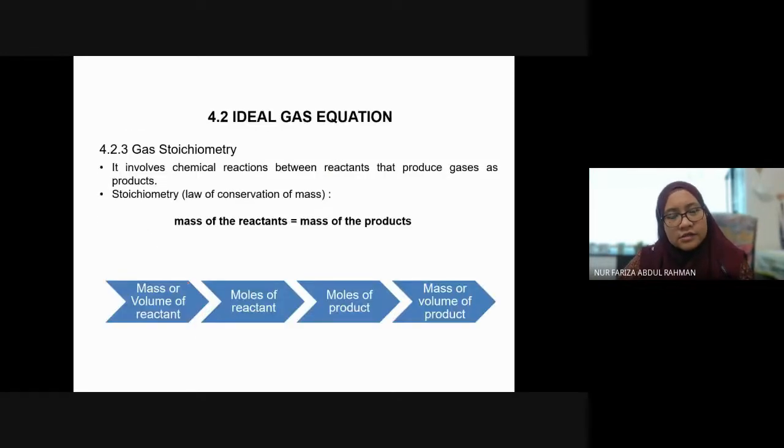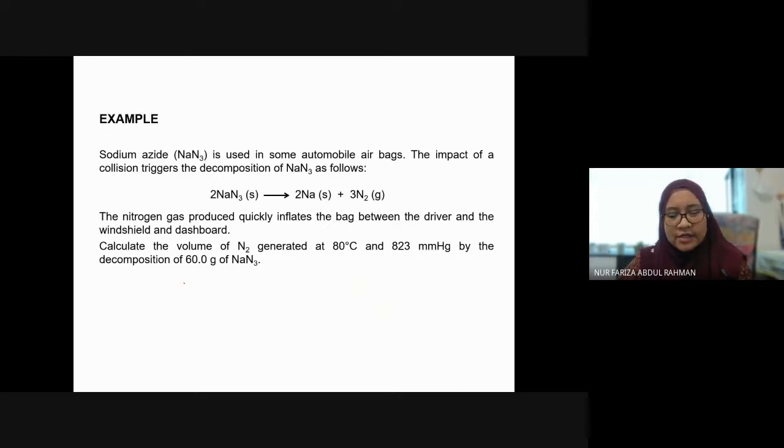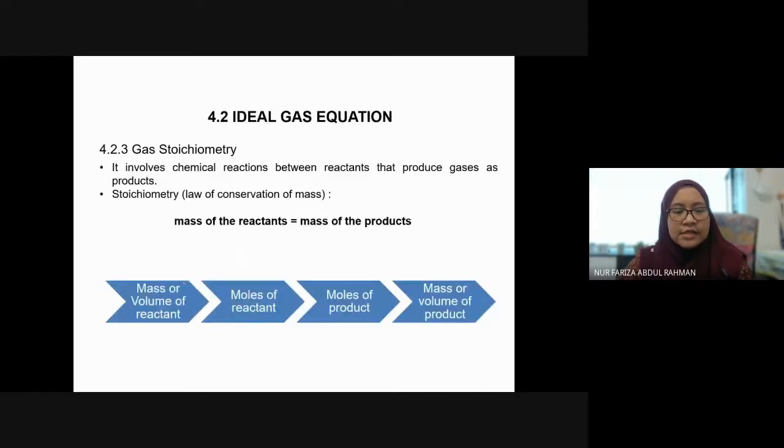Moving on to gas stoichiometry. Gas stoichiometry is when the reaction involves the formation of gas, or uses gas as the reactant or forms gas as the product.